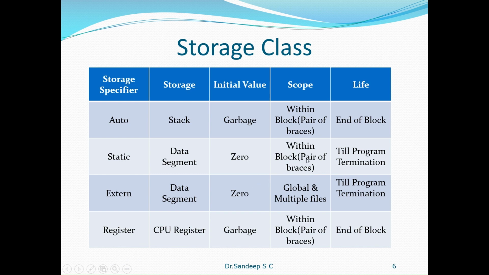For a static variable, the scope will be within the block or pair of braces. That means within the block only we will be able to vary the value of that, or access it. But its life is till the program is terminated, throughout the program.